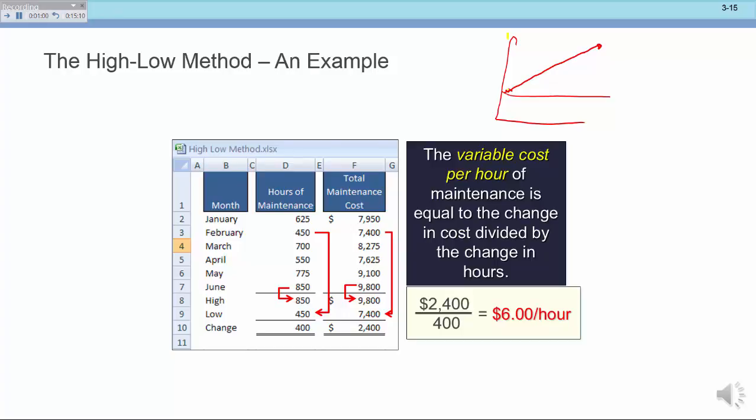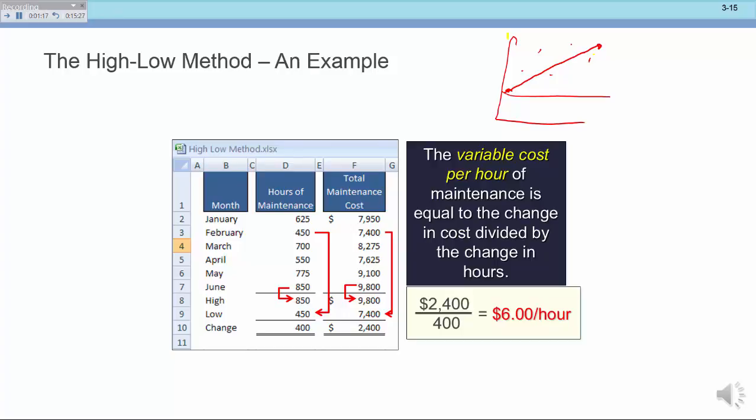Do they really? They don't really, but this is an approximation, isn't it? If you just take two observations and put a line between them, you're basically fitting a line to the various observations for your number of units and your total cost.